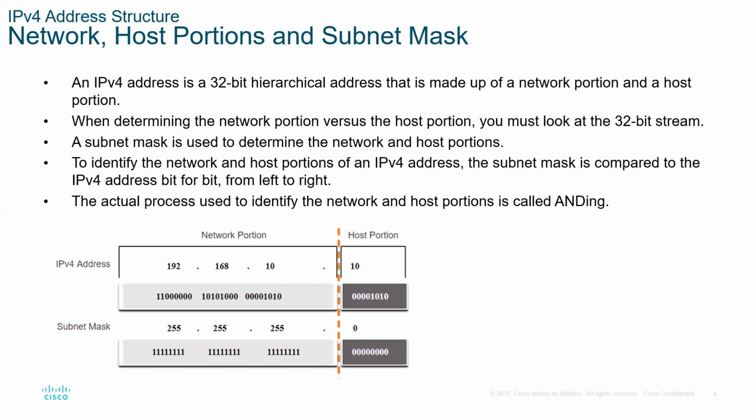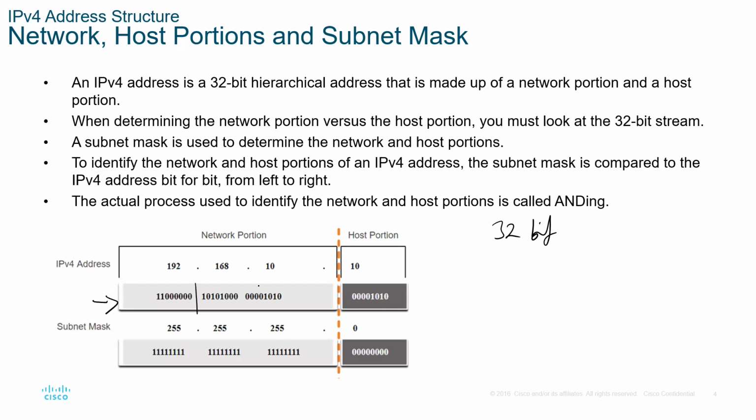An IPv4 address is a 32-bit number. Let's start there. 32 bits, binary, ones and zeros. The 32 bits are divided into, let me say, 4 portions, into 4 groups. So you can see this is a 32-bit number right here.